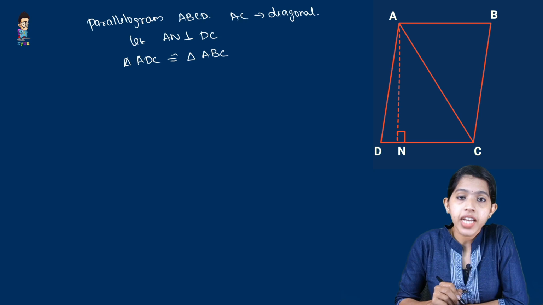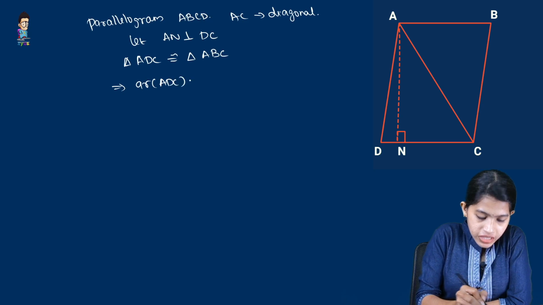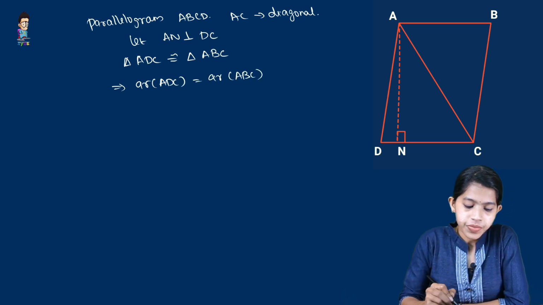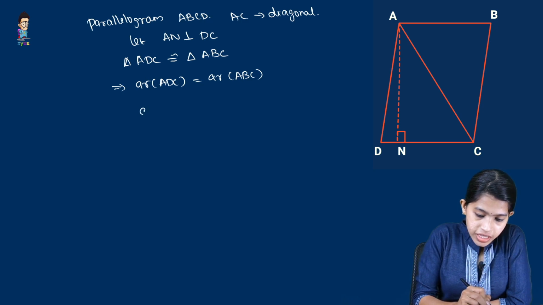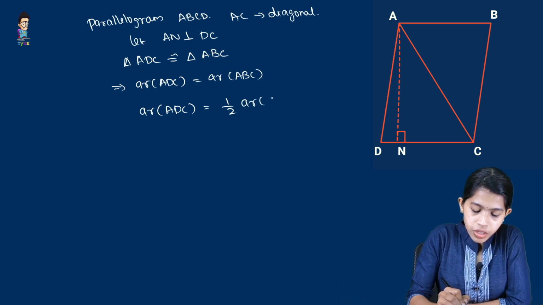Since these two triangles are congruent, their areas are equal. That is, area of ADC is equal to area of triangle ABC. Then area of ADC is equal to half the area of the parallelogram ABCD.